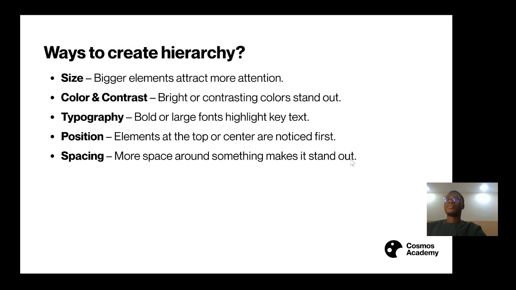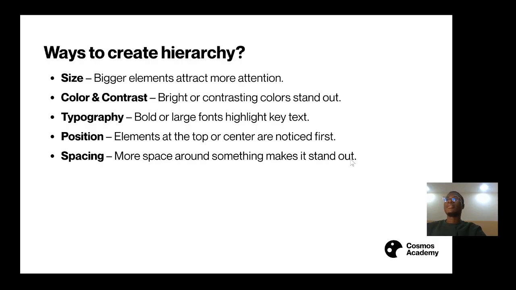But before we go into that, we'll consider the ways to create visual hierarchy. One way to create visual hierarchy across different design elements is through size. Making elements bigger than others means the bigger element will attract more attention than the smaller element. Another way to create hierarchy in a design is using color and contrast.